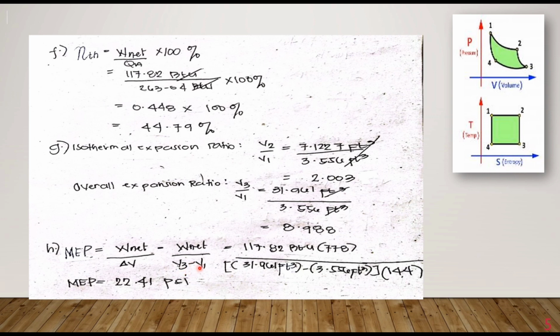After that, we're going to substitute the values. So we have 117.82 BTU times 778 over 31.961 cubic feet minus 3.556 cubic feet times 144. So we get the MEP is equal to 22.41 psi.